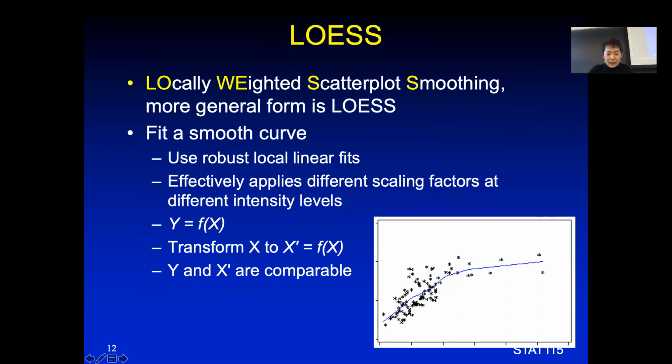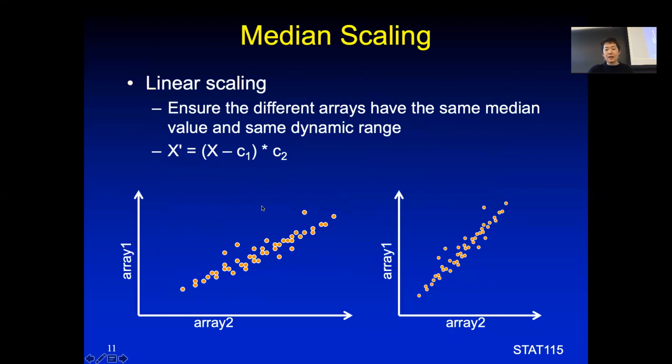And then you look at the next region and you estimate a linear scale, piece by piece, and then you connect them, and you get a curve. So you can imagine the original curve might look like this. It's not a line, but after you run the R function for LOESS, it will normalize, and you will get something like this on the right side. Okay.